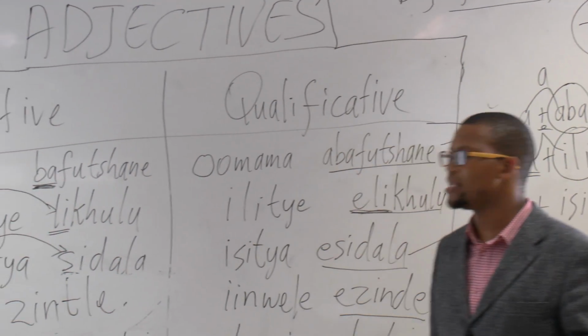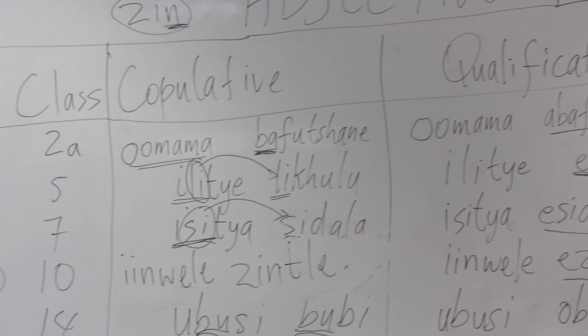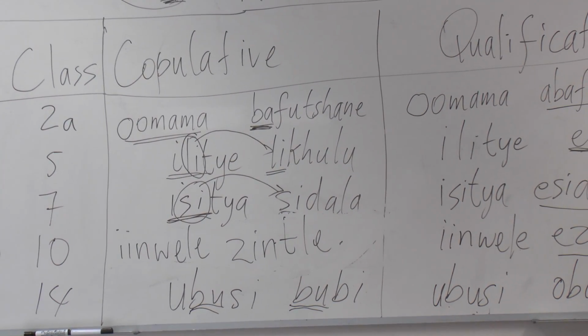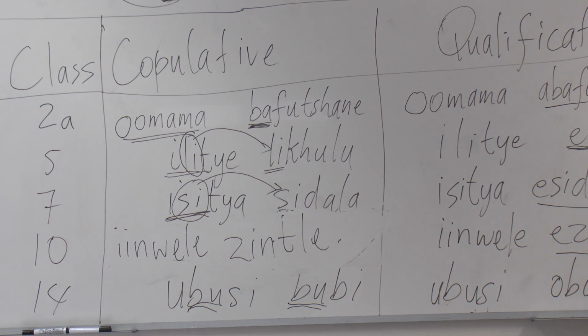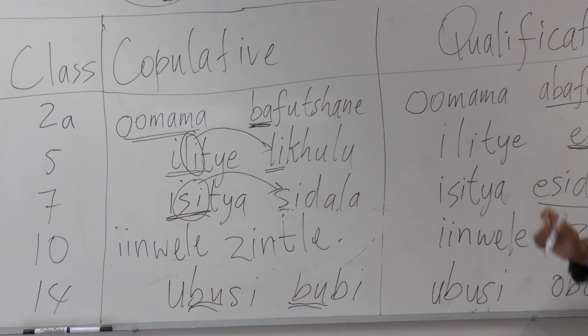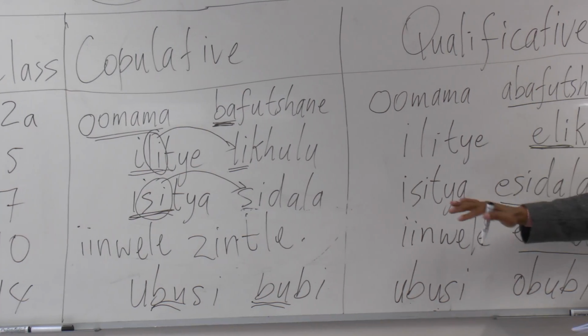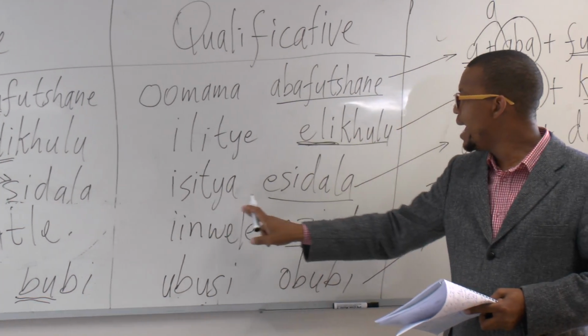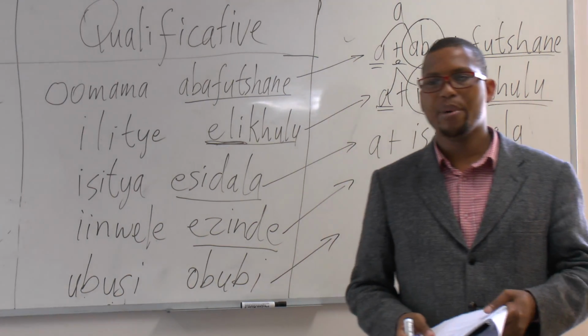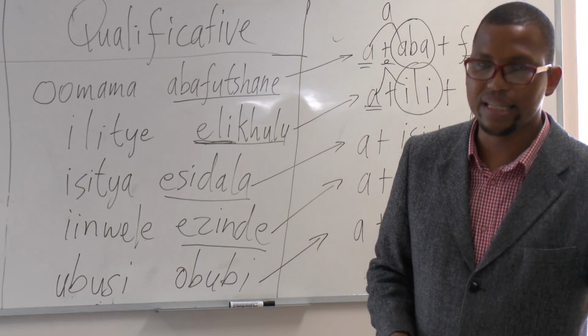Class 7, as you said earlier, whatever we say about class 7 will also apply to class 8, because class 7 is a singular of class 8. Then in this case, when we use class 7 as a qualificative, isitya esidala. We are talking about an old dish.